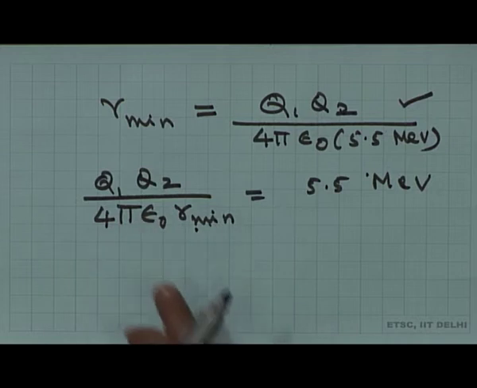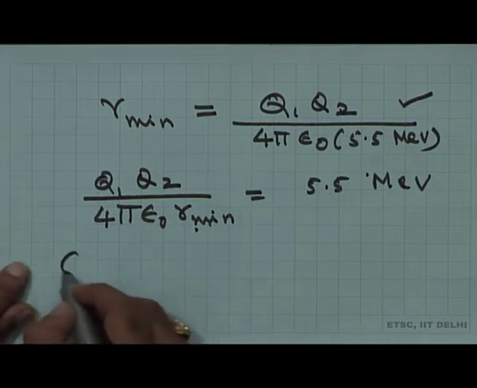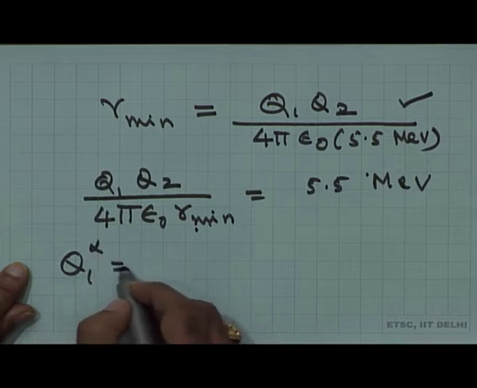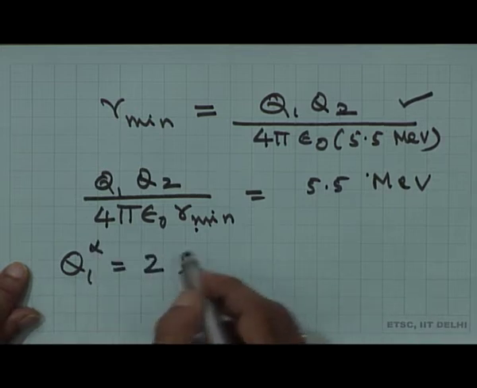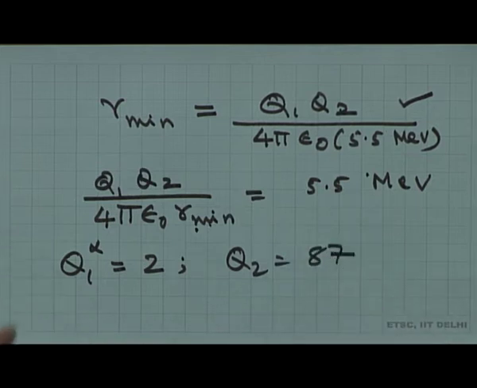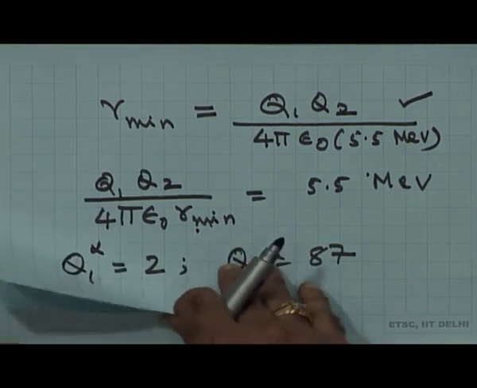As I told you, Q1 and Q2 values we have already written. Let me repeat that here. Q1 is essentially of alpha, which is equal to 2 in the units of electron charge. Q2 equal to 79. What we can now do is to plug in the numbers. I will leave that as an exercise for you.